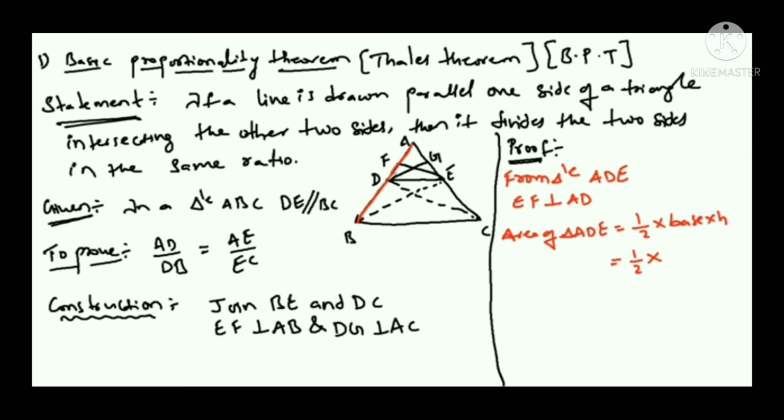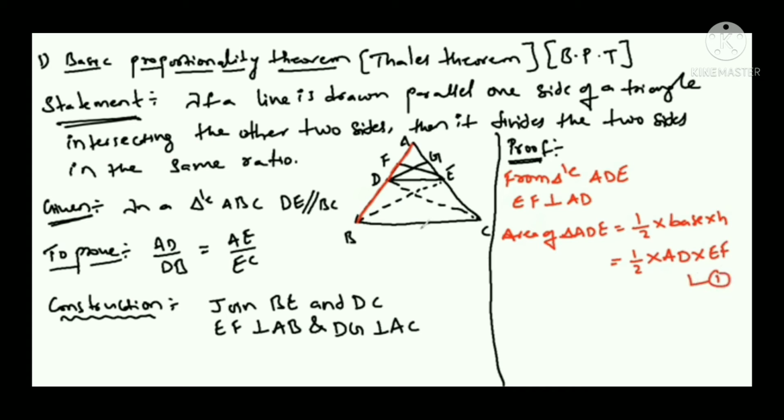In this, the base is AD. But earlier we wrote AB, right? Here we are taking triangle ADE only, not ABC, so whatever we are taking, you have to write. That means AD, and the height is always the perpendicular line EF. This you write as the first equation.